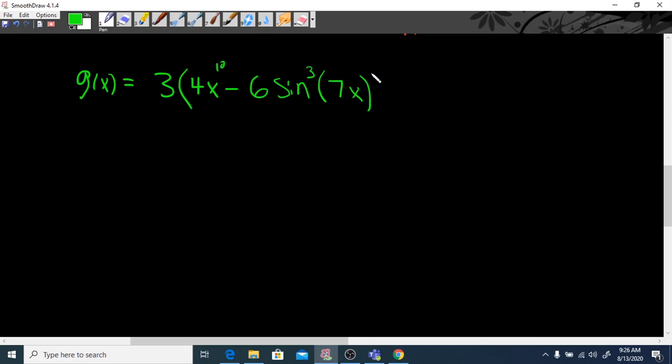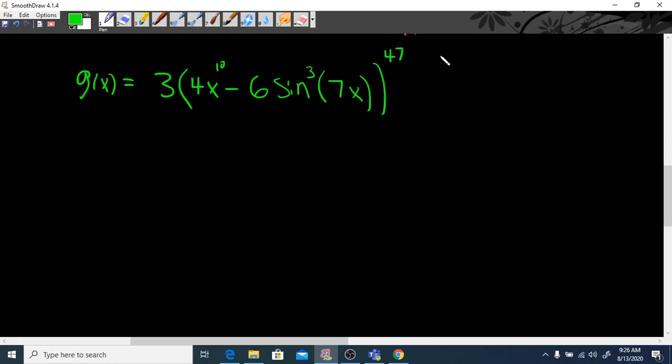What else can we do? Okay, let's say we have 3 times (4x to the 10 minus 6 sine cubed of 7x), and then all that to the power 47.